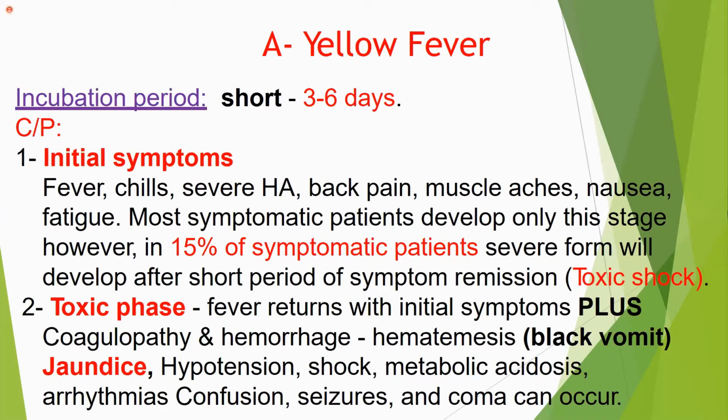However, 15% of the symptomatic patients will progress to the toxic shock phase, in which the fever returns with the initial symptoms, plus the patient also develops coagulopathy and hemorrhage, hematemesis, jaundice, hypotension, shock, metabolic acidosis due to renal involvement, arrhythmias, confusion, seizures, and coma.